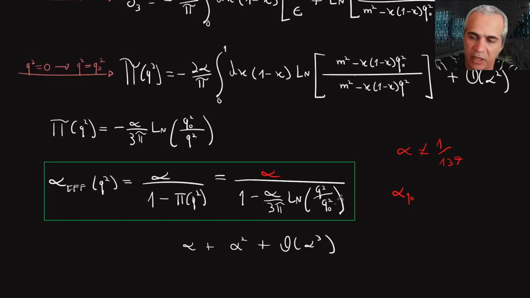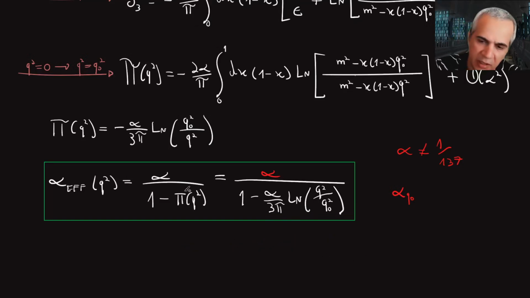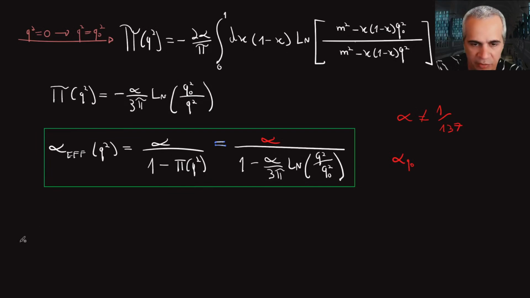Another related point is how these logs are appearing in this expression right here. If you remember, the way this pi, which is the 1PI contribution, comes to the denominator like that, is through a resum of a geometric series. I could rewrite this alpha effective in the form of something like, there's this alpha right here, times 1 plus some coefficient. I won't worry about these numeric coefficients here, but the point is there is an alpha and a log. Alpha, log.